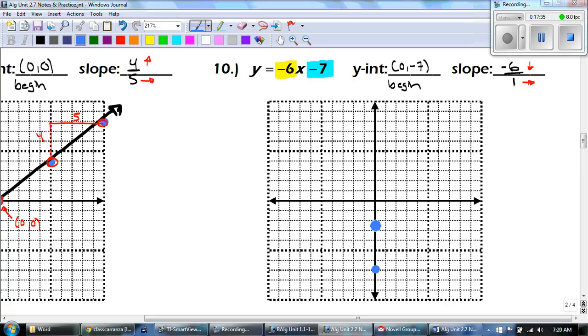Well, that's why we need to remember how to manipulate that slope, okay? I know it's negative, so I've got to go down and to the right, but another way to be negative is to go up. So 1, 2, 3, 4, 5, 6, up and to the left. So if I go up and to the left, my line is still negative. From left to right, I am falling, okay?